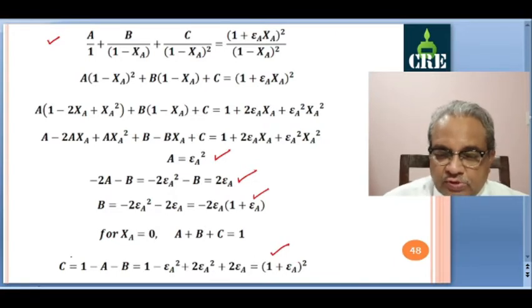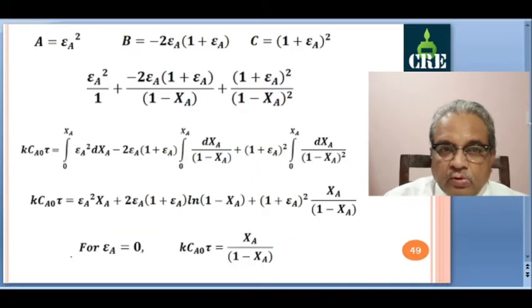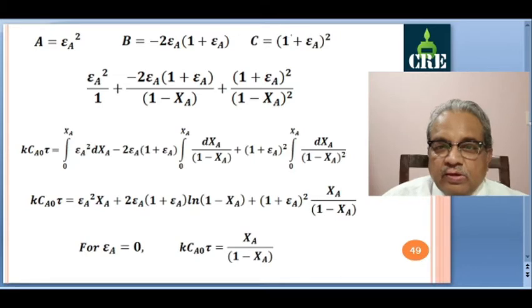So this is the value of C. So A is epsilon A squared, B is minus 2 epsilon A into (1 plus epsilon A), and C is (1 plus epsilon A) whole squared. So these are our fractions A, B, C we have written here.